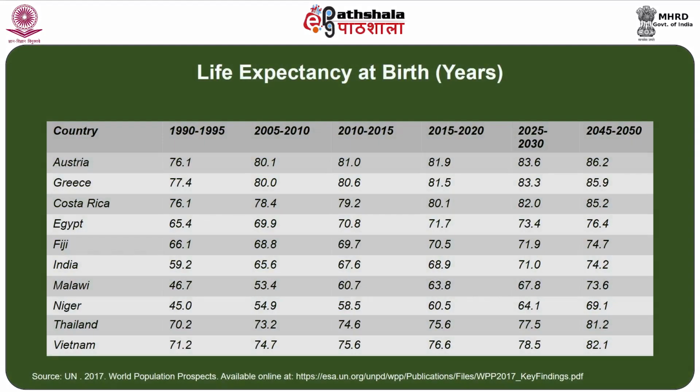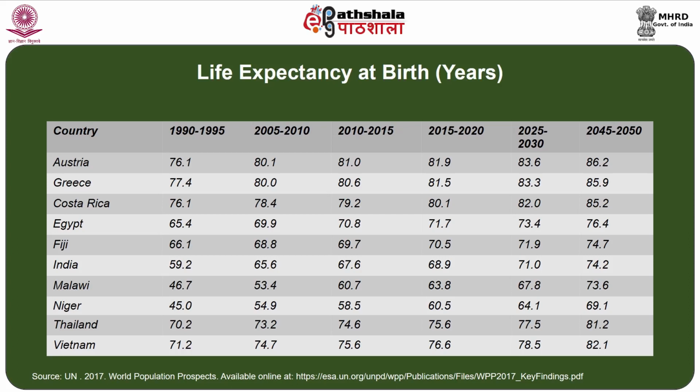The analysis shows clearly that for all countries, the life expectancy at birth has generally been on an increasing trend, although the range even in 2010 to 2015 varies significantly across countries, with Niger, for example, having a life expectancy of only 58.5 years, Thailand as high as 74.6 years, and Austria as high as 81 years.